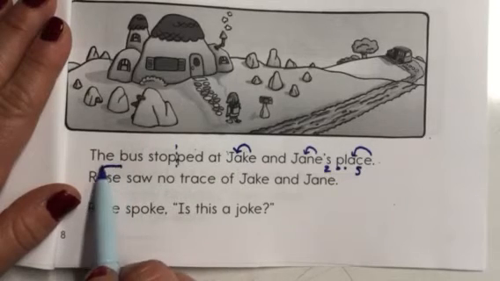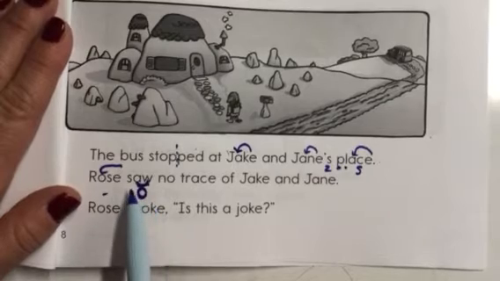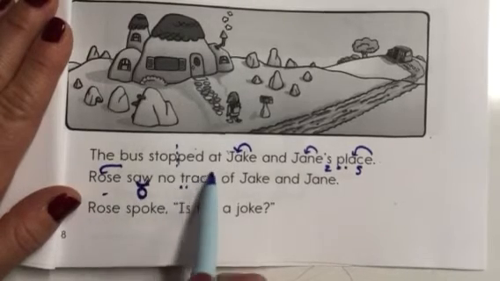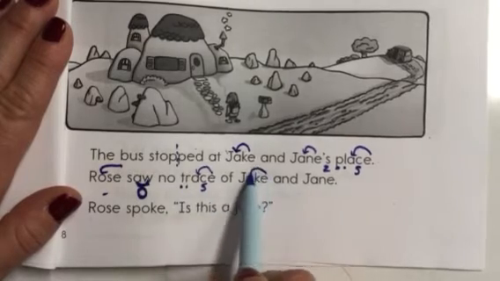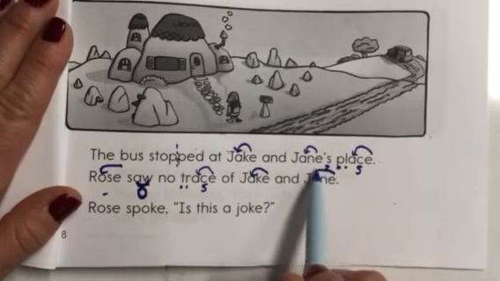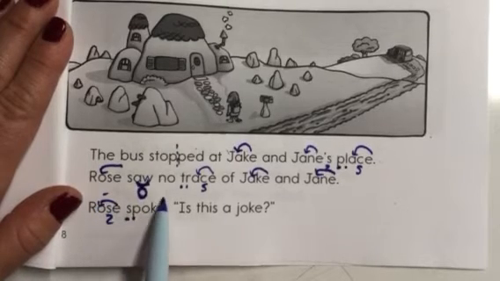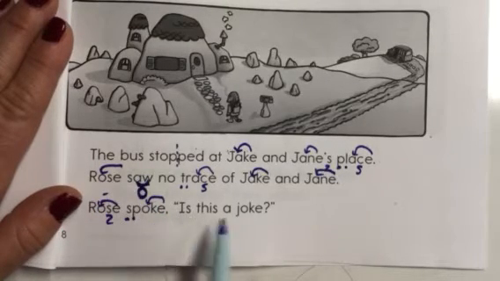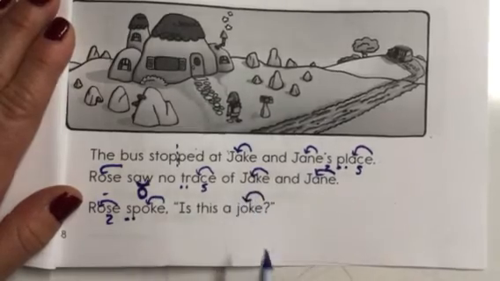Rose saw, this is going to be that diphthong that's going to say aw, saw, sorry, make sure it's low, it's an aw sound, saw no trace of Jake and Jane. Rose spoke, is this a joke?